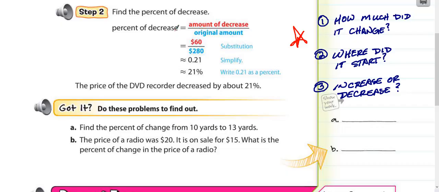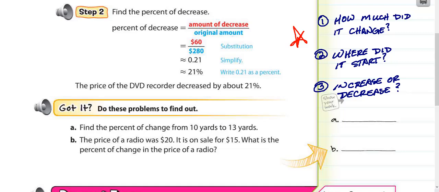Where did it start? Increase or decrease? So go ahead and pause the video, do problem number 1. Then we'll come back together and we'll solve letter A, excuse me. And then, after we solve letter A, we'll give you a chance to solve B. So go ahead, pause the video, and then come back in a moment to listen to the answer.